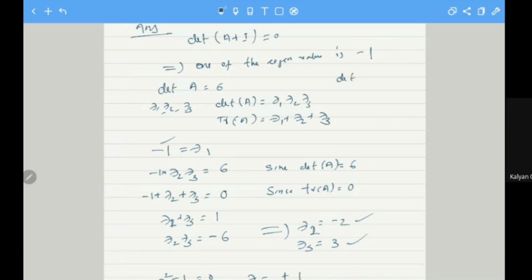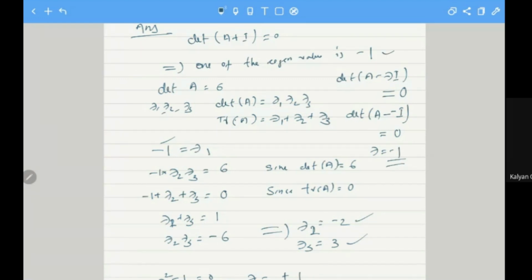We calculate determinant of A minus lambda I and equate that to 0. Since determinant of A minus (-1) times I is 0, this is given, so lambda equal to -1 is already an eigenvalue. That is clear, right? Yes, sir.